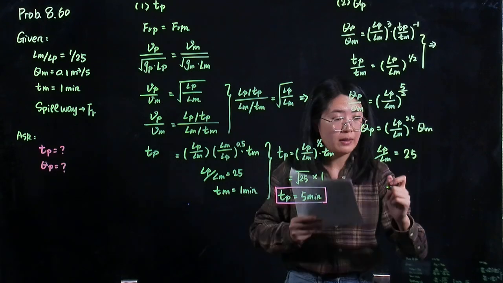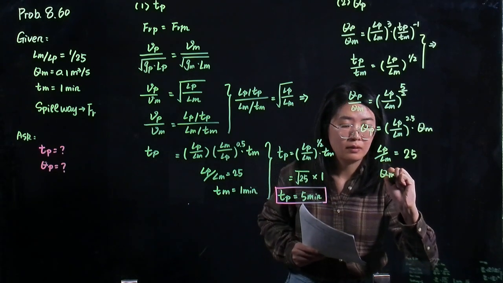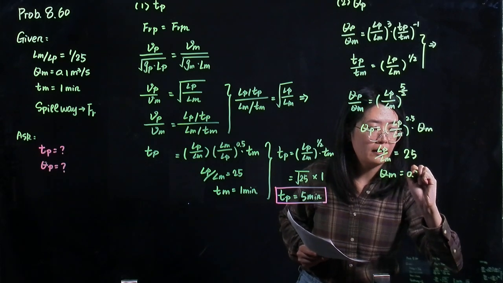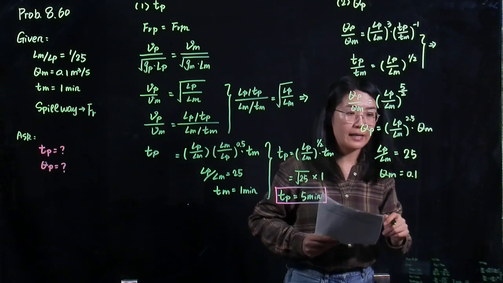And we know the Qm here equals 0.1 cubic meter per second.